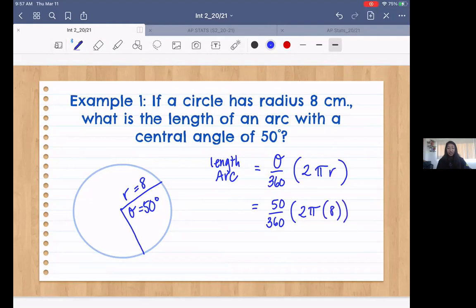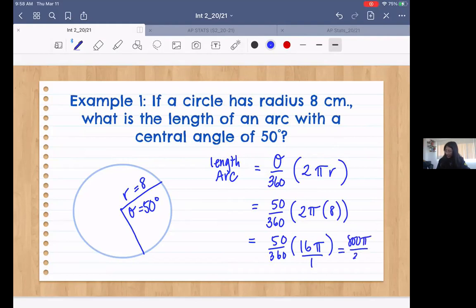Okay, so that's how it should look. And then I'm going to start solving. So in this problem, what I could do is actually simplify what I have in the parentheses first. So that's technically going to look something like this, because 8 times 2 is 16. And then notice that when I do this, I can just put this over 1 and then just calculate across. So 50 times 16 is going to get me 800 pi.